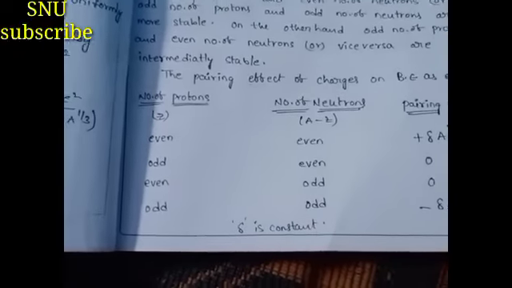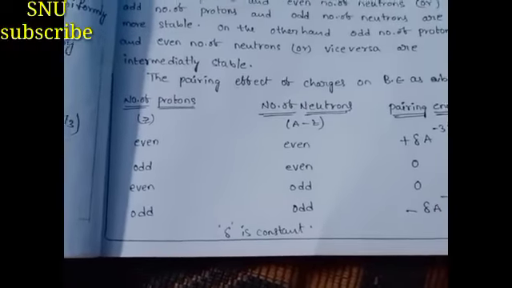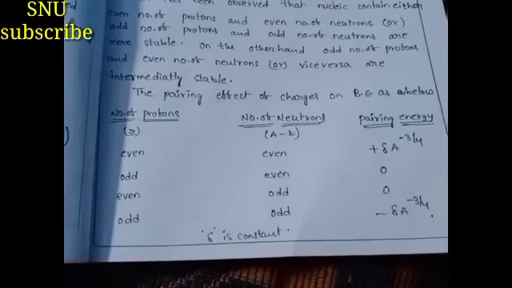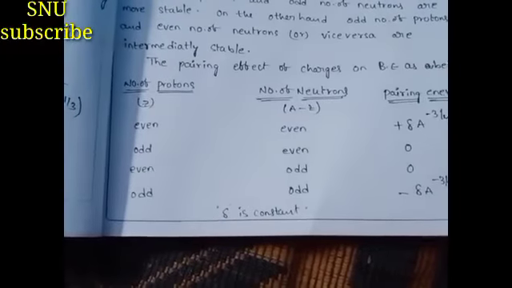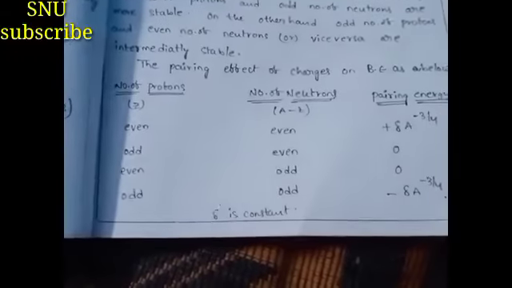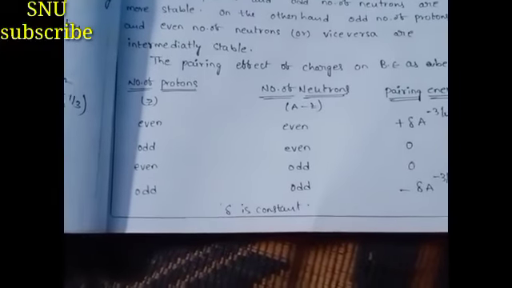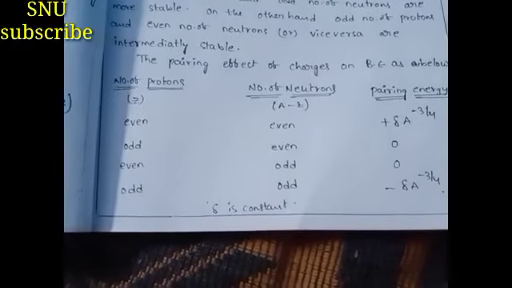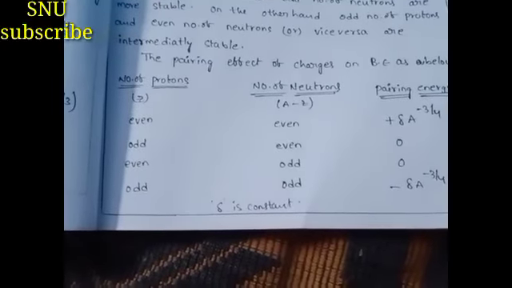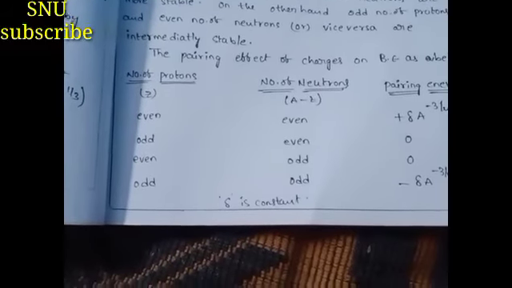Number of protons odd, number of neutrons even, pairing energy 0. Number of protons even, number of neutrons odd, pairing energy 0. Number of protons odd, number of neutrons odd, pairing energy minus delta A to the power minus 3/4. Delta is a constant.